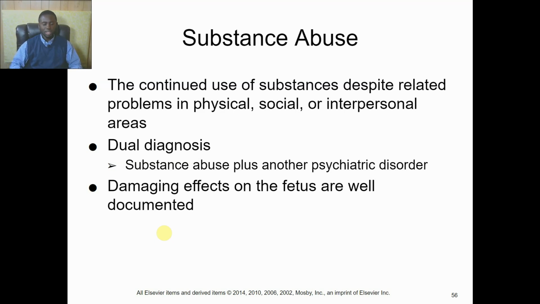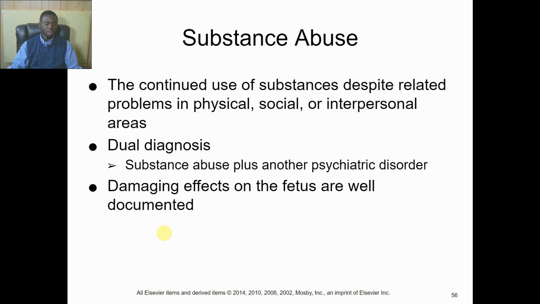There can be a dual diagnosis if the substance abuse is present plus another psychiatric disorder that predisposes them. So, for example, if you have a pregnant mother that is bipolar and they are also using street drugs, then they have a dual diagnosis of the psychiatric disorder in addition to the substance abuse. And this may have damaging effects on the fetus.